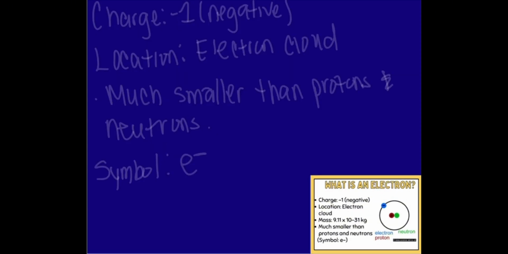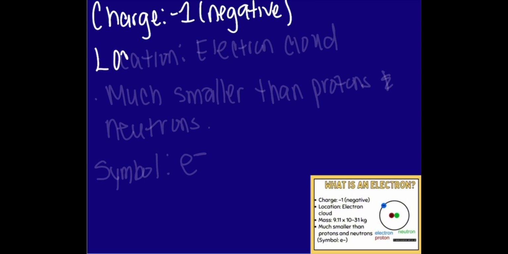Next, what is an electron? An electron has a charge of negative 1. It is a negatively charged particle. The location of an electron is in the electron cloud.